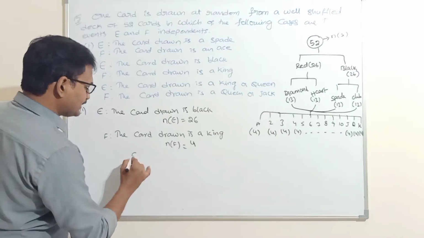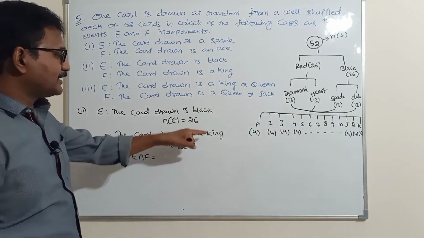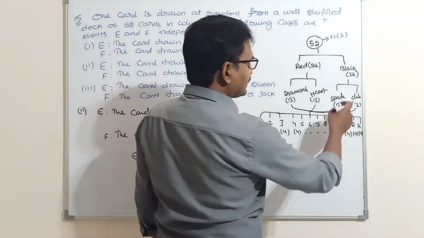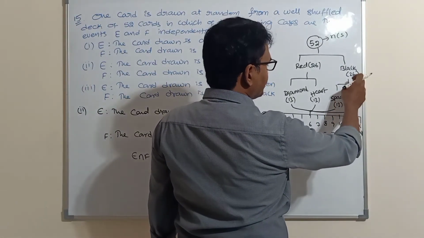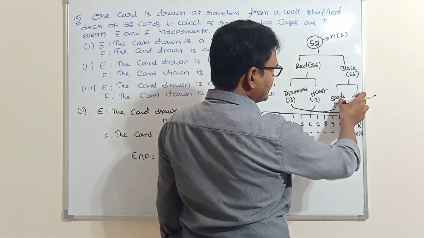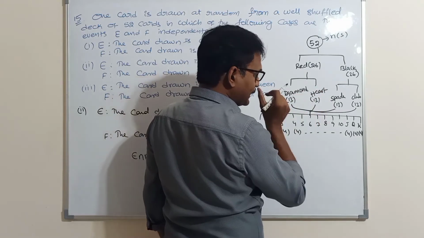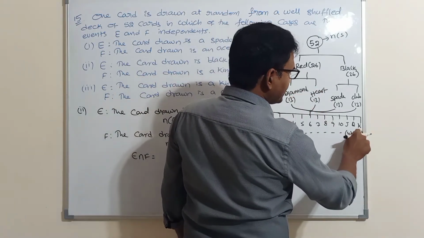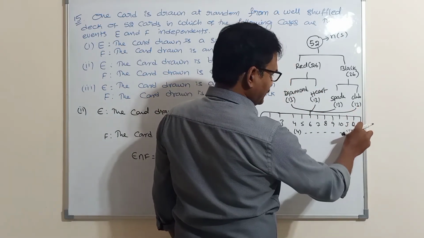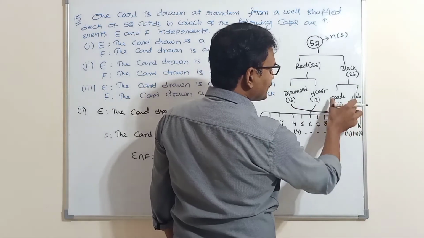Next, what is E intersection F? Any common cards between black and king? So black cards are 26. Spade and club cards are black cards. Correct? Spade and club are black. Diamond and heart are red. Next, king cards are total 4. Out of 4 king cards, 2 cards are red and 2 cards are black.